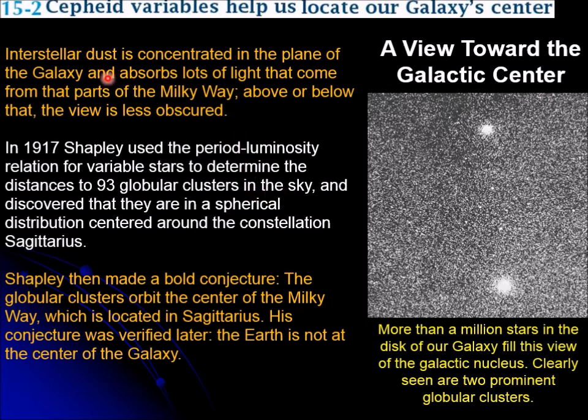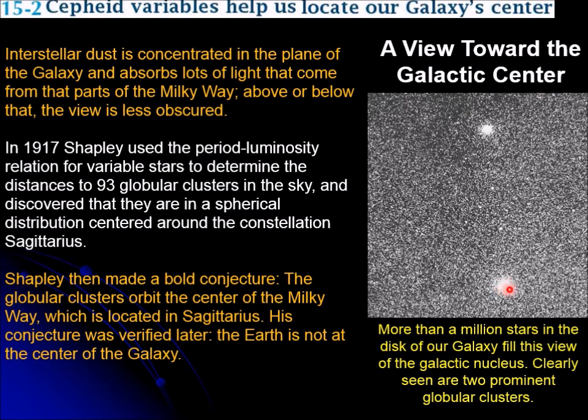Because of the dust along the disk, it was absorbing a lot of light. It was much better to look above the disk and look at those clusters that are above and below the disk.